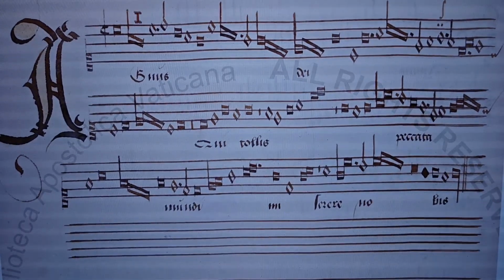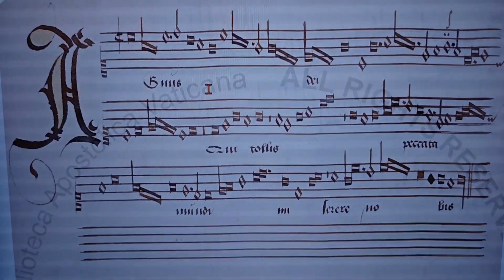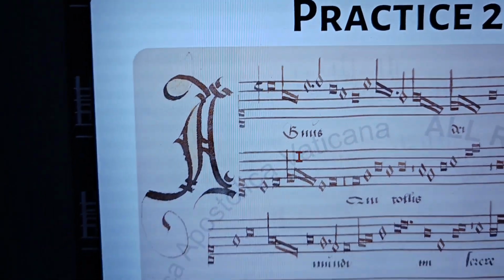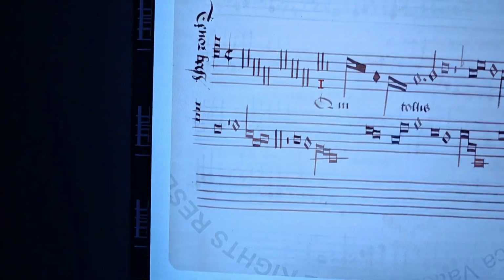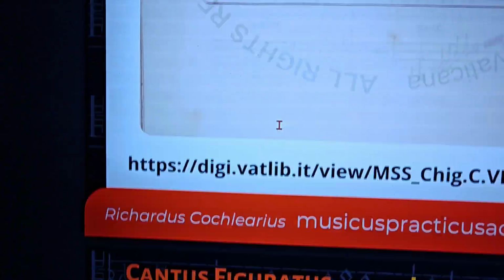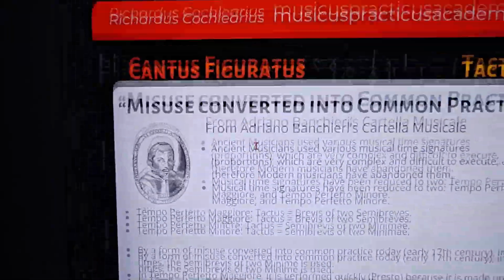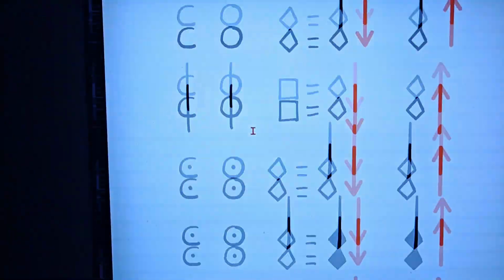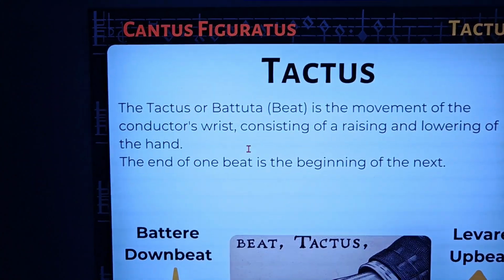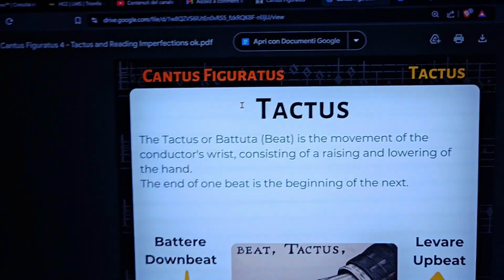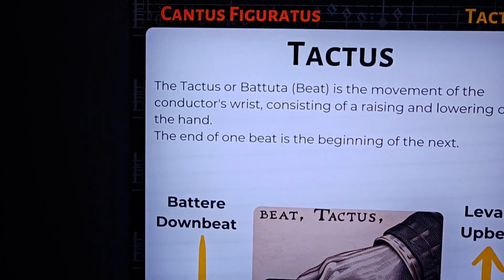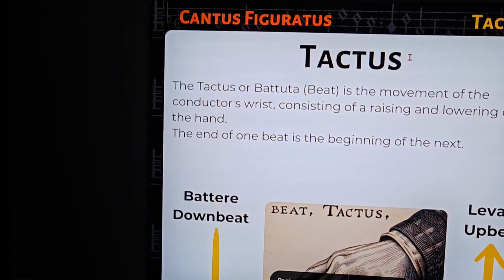They are mainly brevis, semibrevis, and minime. So the tactus makes sense this way. And this is very important at the beginning of a lot of compositions, especially in Flemish style, where we have the first Kyrie in a mensura, another Kyrie in another mensura, so the Christe in another mensura, and the other Kyrie in another mensura, with even different tactus.